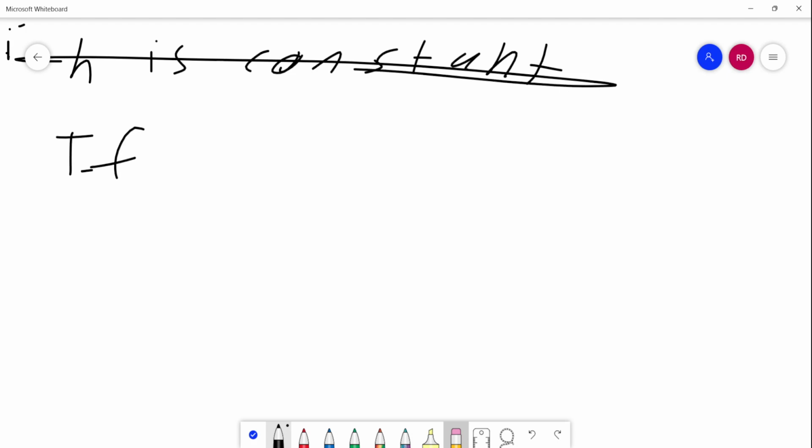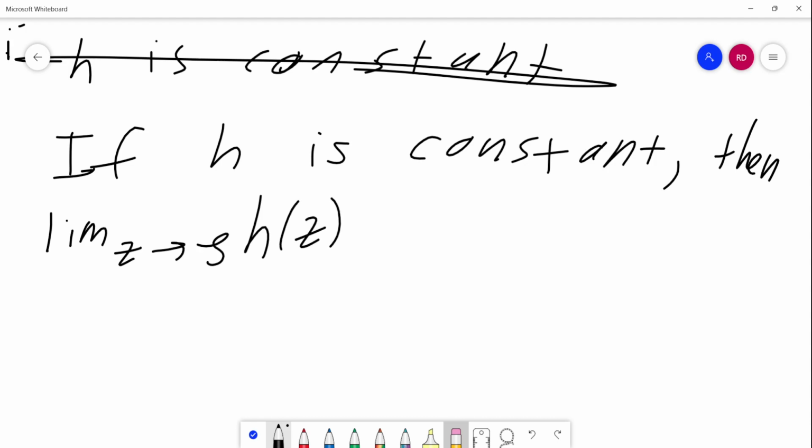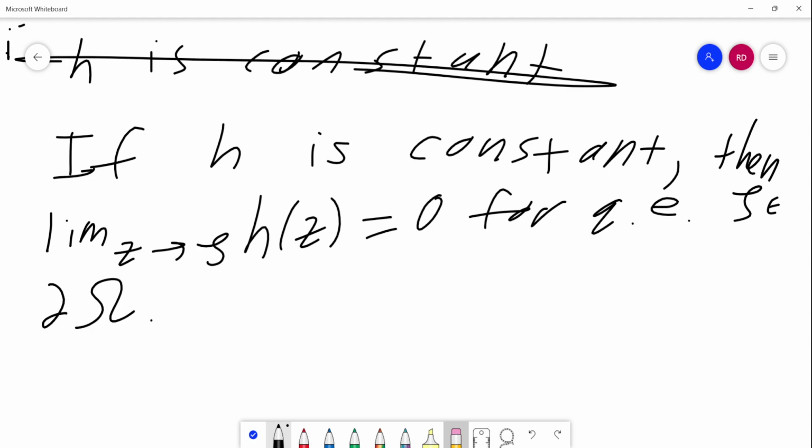If h is constant, then we know that the limit as z approaches zeta of h of z will have to equal 0 for quasi every zeta in the boundary of omega. And then we would just say that h is identically 0.